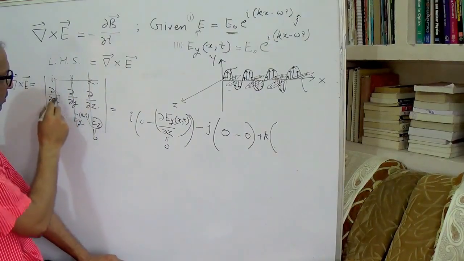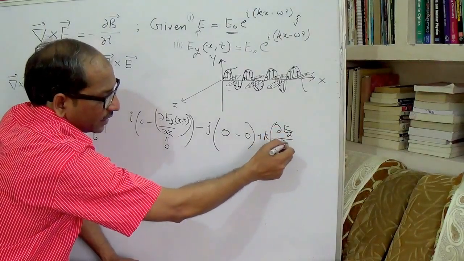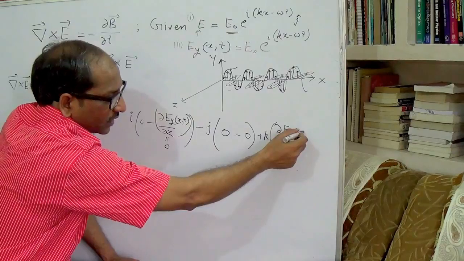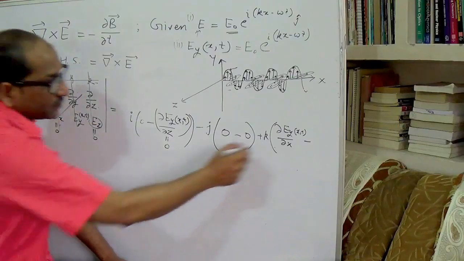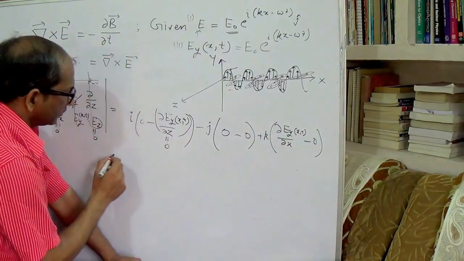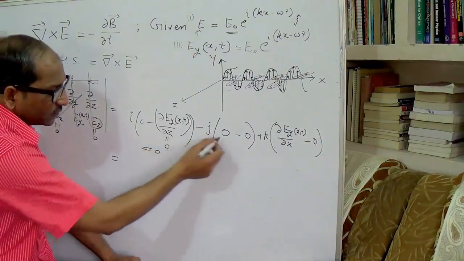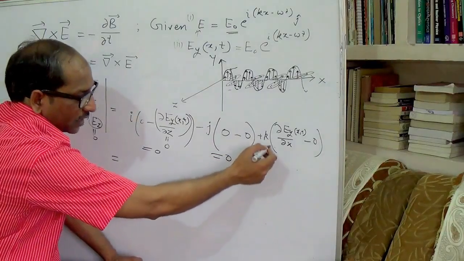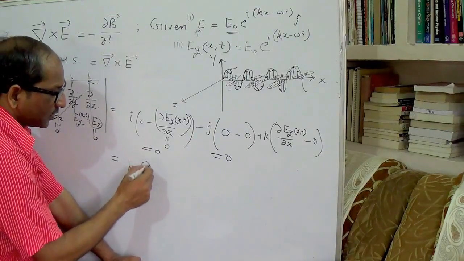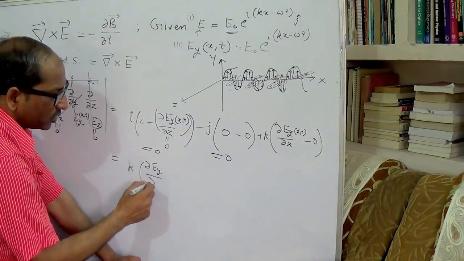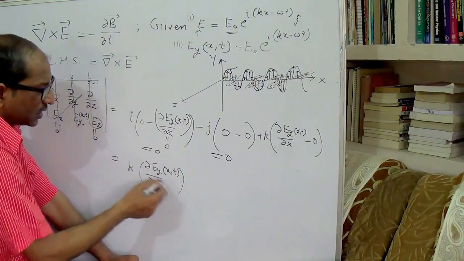So I have del upon del x of Ey, so del Ey upon del x, where Ey is a function of x and t, minus del upon del y of Ex, which is 0. So this term is 0. The i component is 0, the j component is also 0, and for k this can be written as unit vector k times del Ey upon del x, where this is a function of x and t.